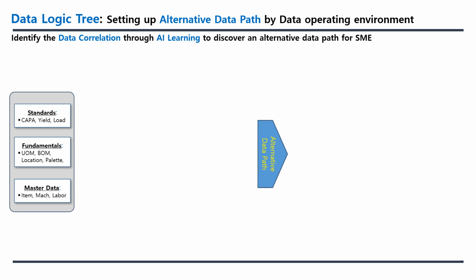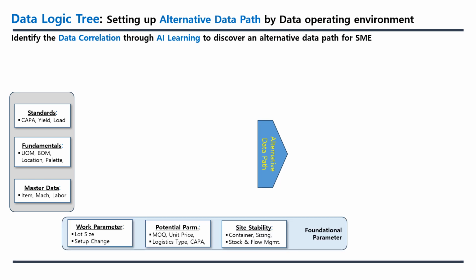And when we refer to the data modeling information, the master data, fundamental data, and the standards data like data yield and data BOM and item categorization and material categorization kind of things are in the category of master data, fundamental data, and standards data.